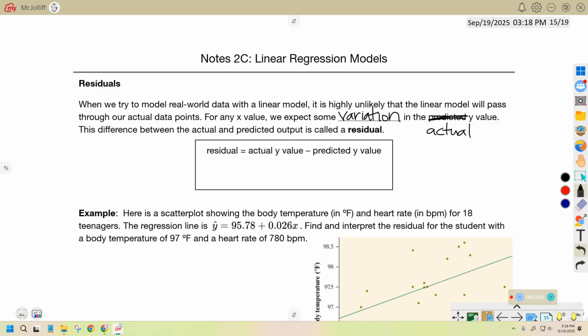And we can see residual is actual y value minus predicted y value.